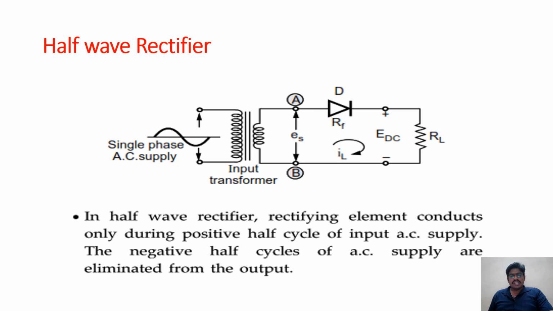That means only one half of the AC will be permitted to the output. We convert AC into pulsating DC at the output of the half wave rectifier. So the diode conducts during only one half of the AC waveform, and during the negative portion of the AC waveform, it blocks. It permits only the positive portion of the AC input. That's why we call it a half wave rectifier.